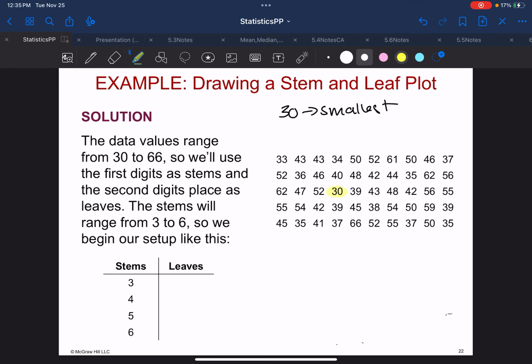And then I see 66, I think, is the largest value. So 66 is the largest value.